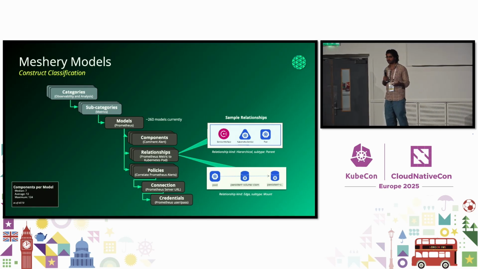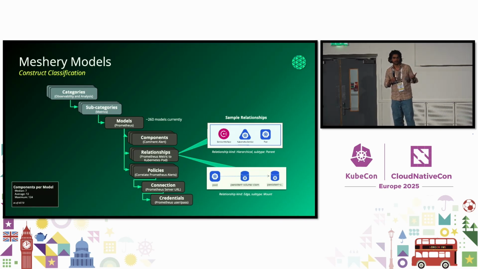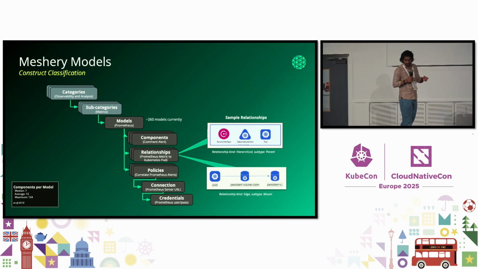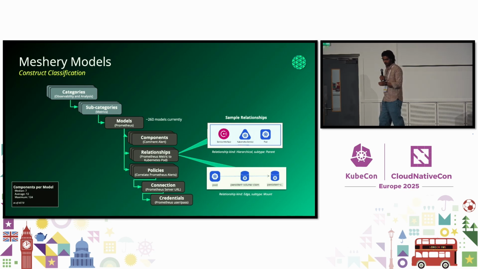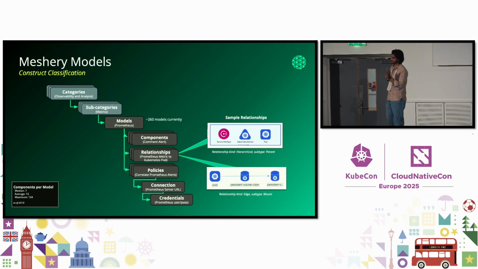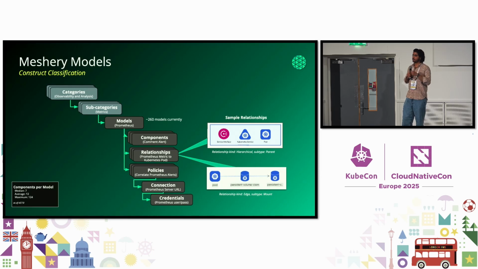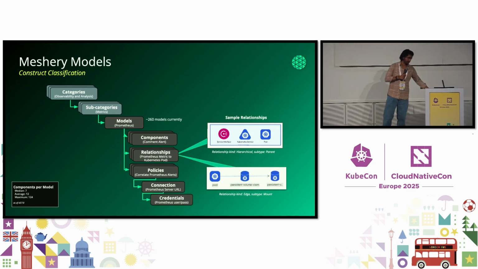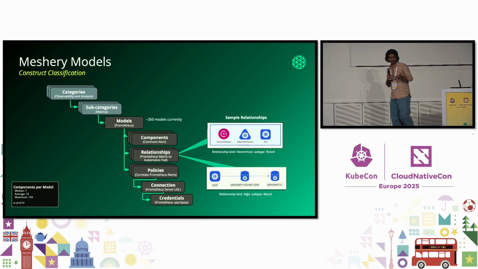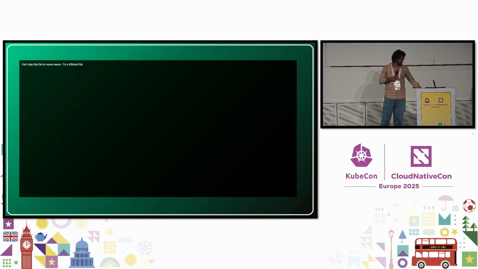Similarly, for Kubernetes, inside there can be pods, services. The relationship is like if a pod can make a relationship with a service mesh, or a pod can make a relationship with a persistent volume. If you connect your pod with a persistent volume, Meshery will automatically create a volume claim for you. So yeah, this is a policy evaluation which happens with OPA. I'll move to the next one.